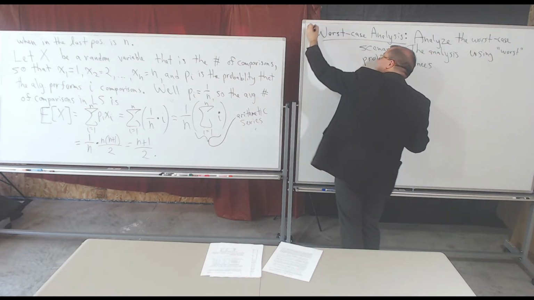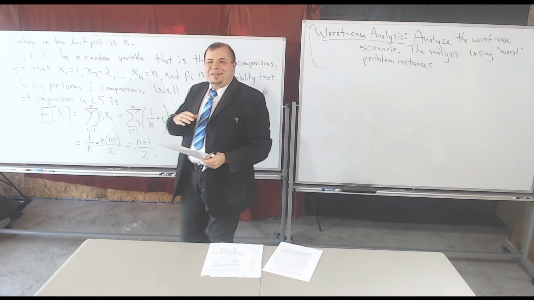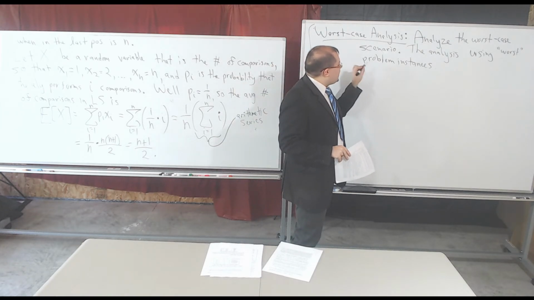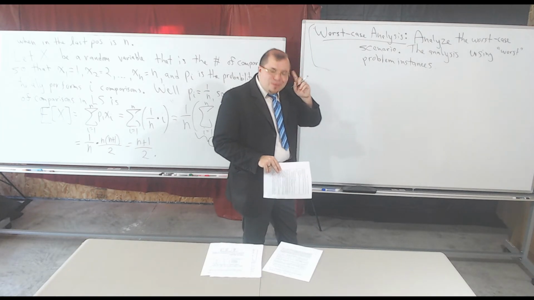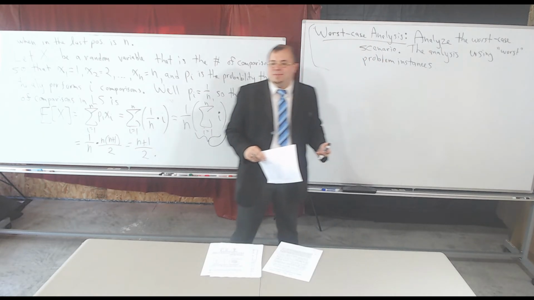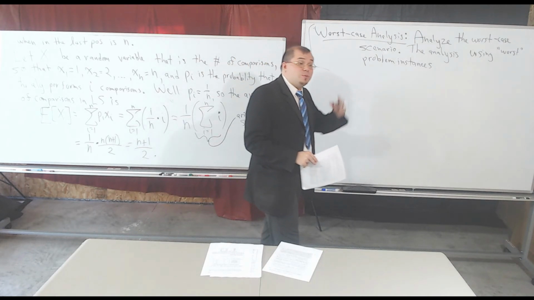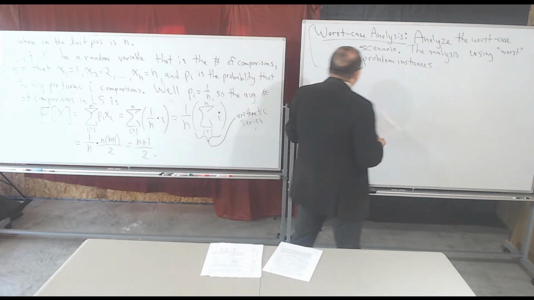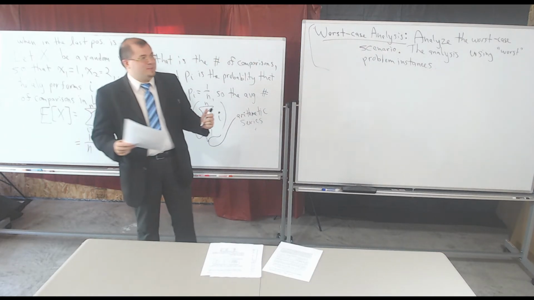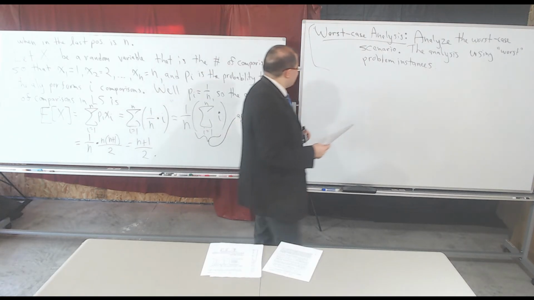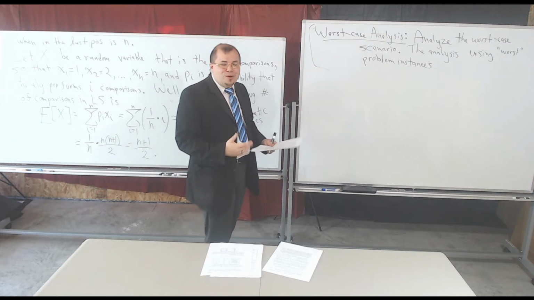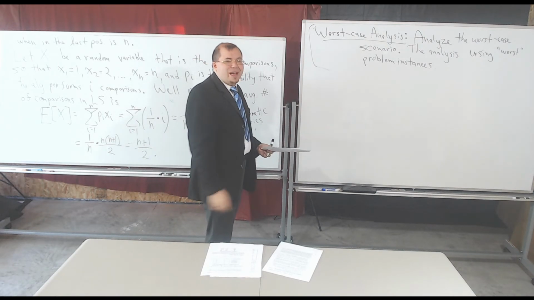Back to my analogy, this would be the equivalent of eating some bad chicken or eating poop outside. I want to identify these problem instances so I have a better understanding of what bad things could happen if, say, the puppy or your favorite animal ate them. We're going to be pessimistic when we analyze algorithms. We're going to think of the worst possible situation that possibly could occur with our algorithm, so we have a better understanding how bad it could get. So the point is not to hurt the puppy. We're trying to understand what the puppy wants to eat so we can make sure we don't let the puppy have those things.